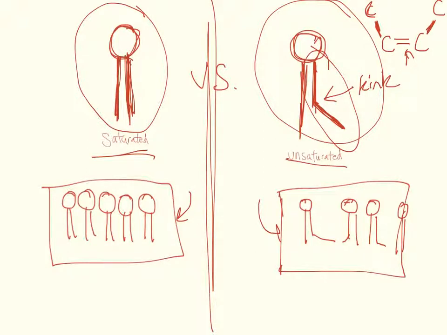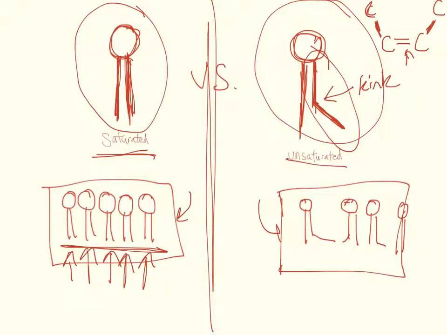And I've drawn these little diagrams below these phospholipids, showing how tightly the membrane can be packed full of phospholipids. As you can see here, with fully saturated hydrocarbon tails, the phospholipids can be packed very closely together. They're sort of side by side, all of these little phospholipids sticking together. And they're able to get so close because their tails are straight.